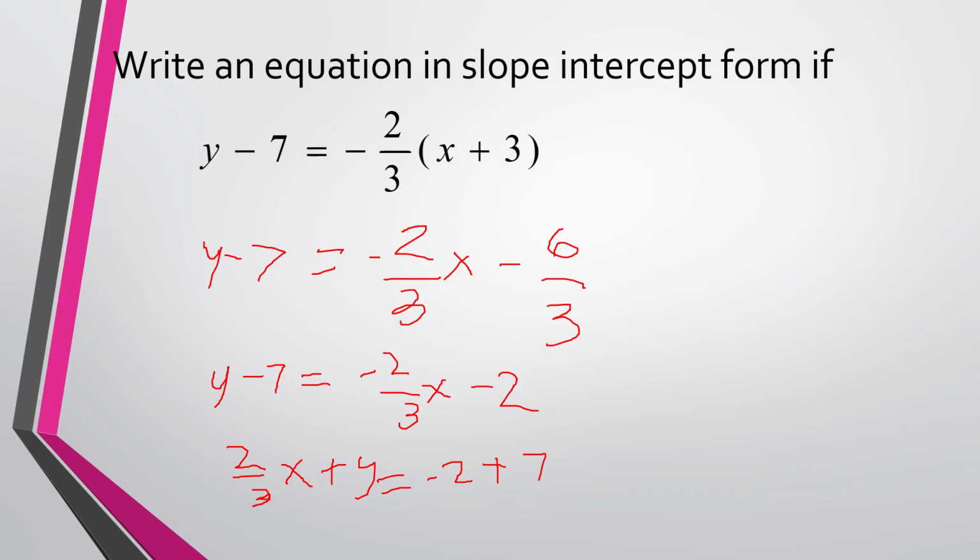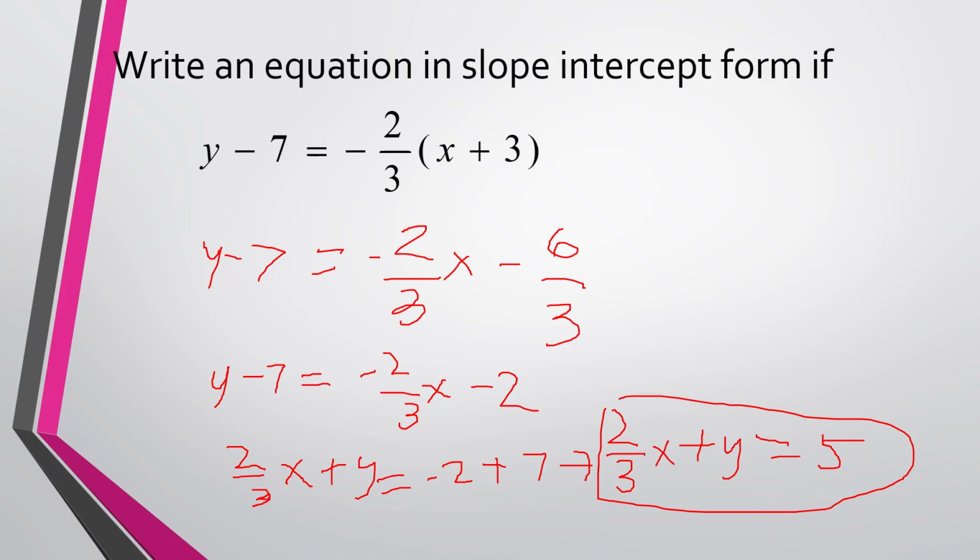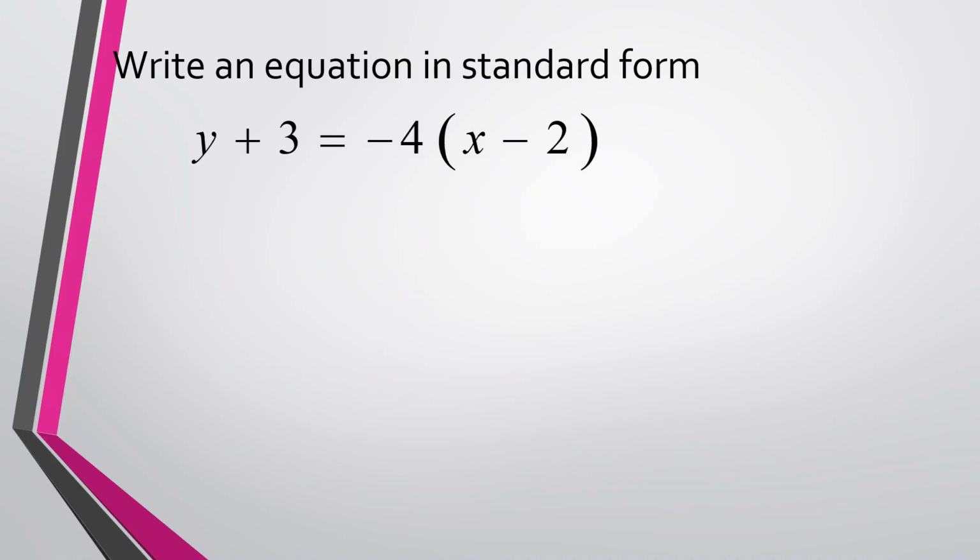Therefore, your final answer would be 2/3 x plus y equals 5. Now, this is now your final answer in a standard equation, no? On the standard equation. Standard form of the equation. So, tama yan, okay? Next.